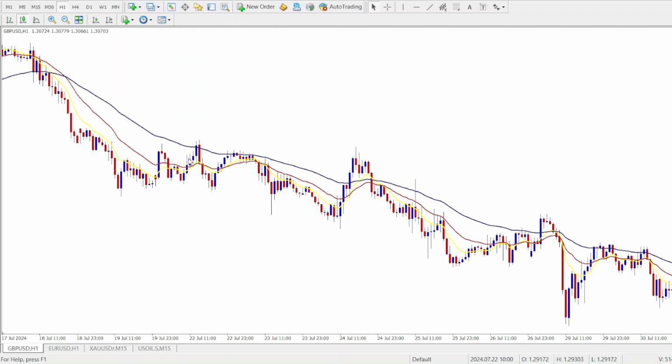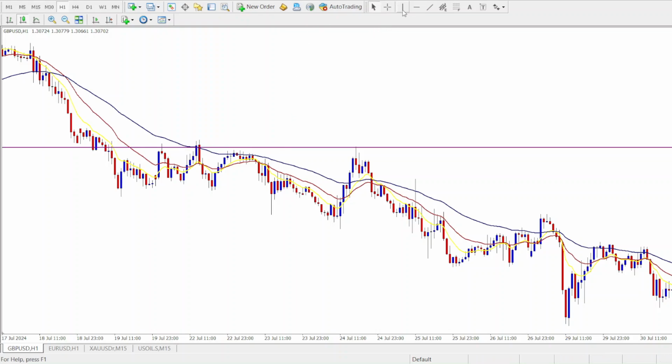You can see that there was a consolidation happening around the EMAs, and then finally you have a breakout in one direction, like somewhere around here. This was a false breakout, but eventually we had a breakout here, although it did not last for long.